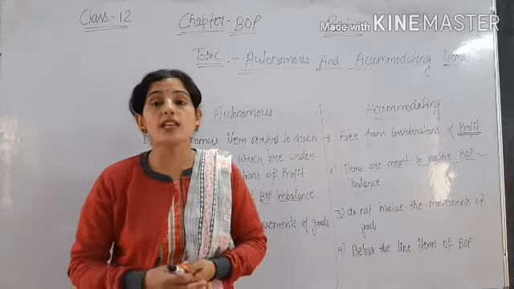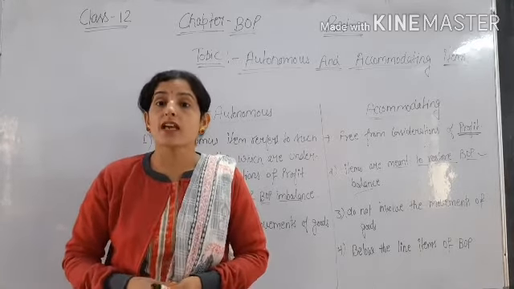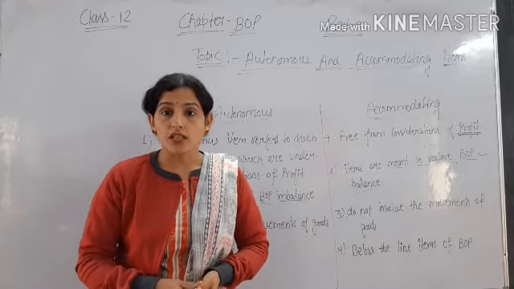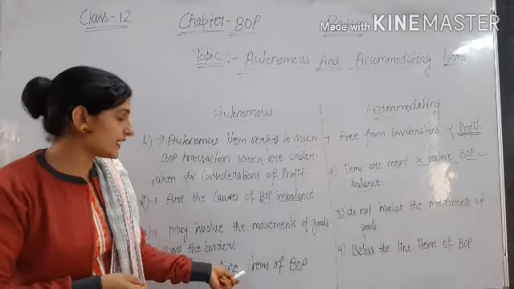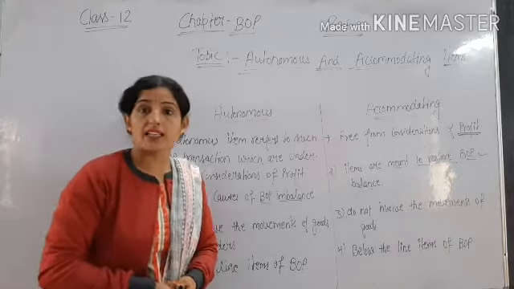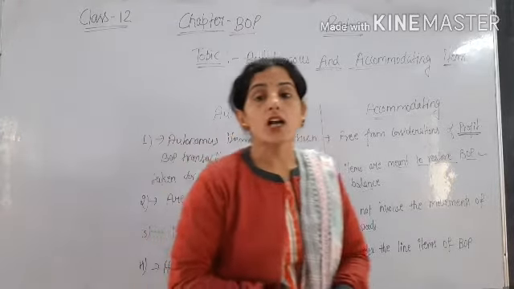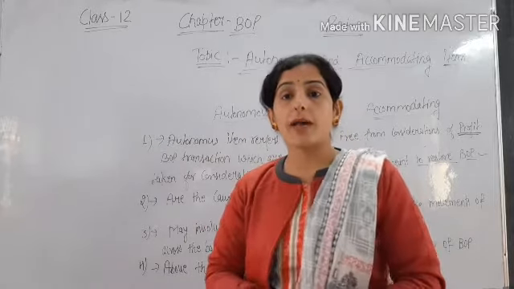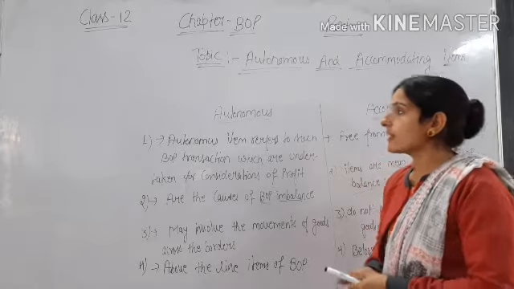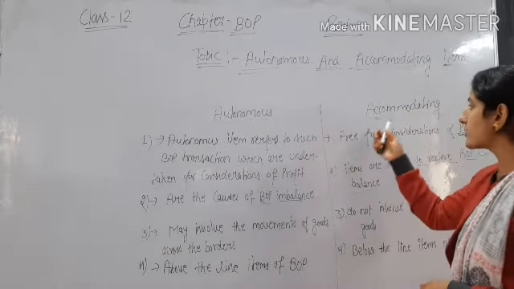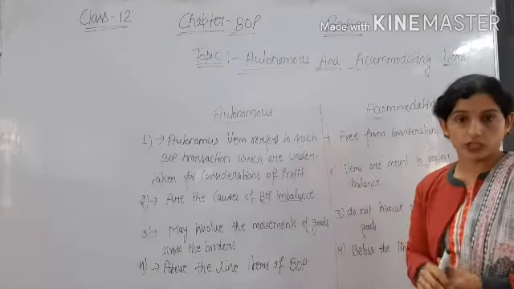Export and import of goods are not included in this. Autonomous items are above the line items of balance of payment and accommodating items are below the line items of balance of payment. Okay. So mainly this is the difference between accommodating and autonomous items.